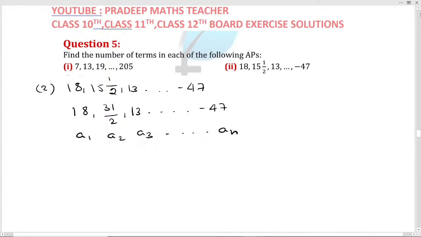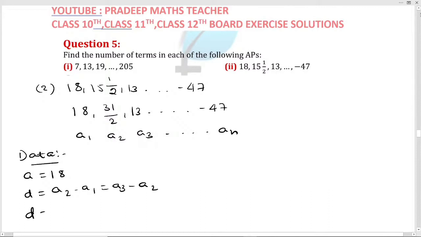Okay, so now I'll write the data. As usual, the first term is 18. Find the common difference. The common difference formula is a2 minus a1 equals a3 minus a2. So d equals a2, which is 31 by 2. Here I'll find only a2 minus a1, because that will be the common difference.